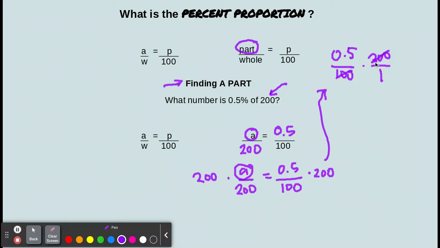That's the same as 2 and 1, right? So it ends up being 1.0, meaning our part is 1. So what number is 0.5% of 200? 1.